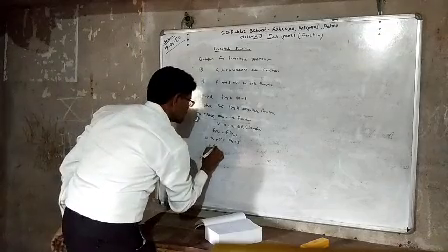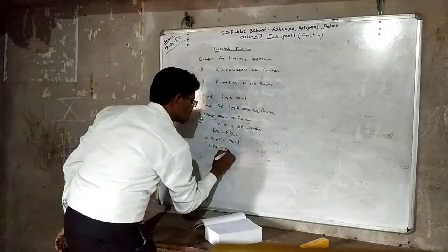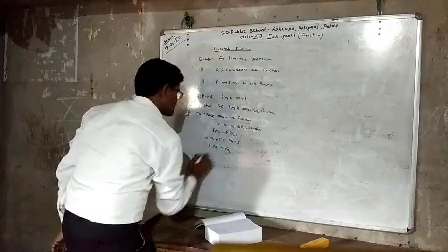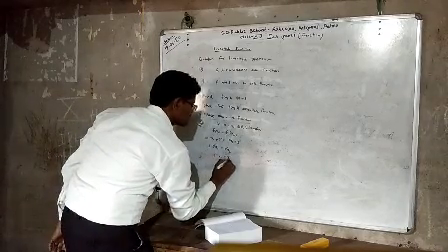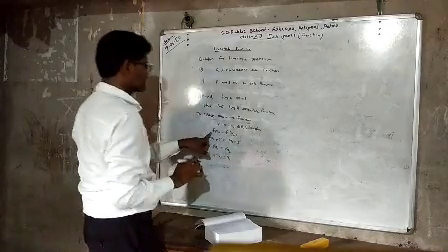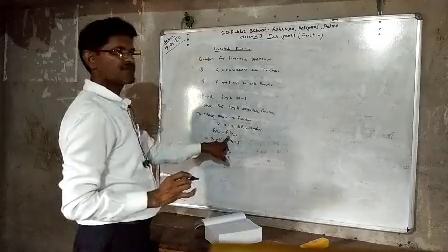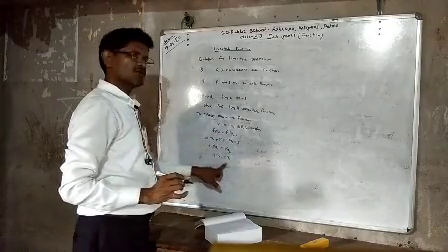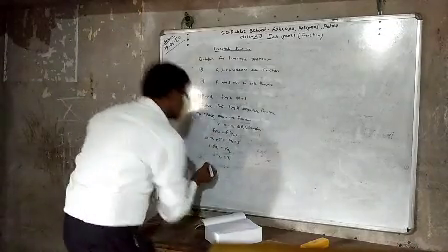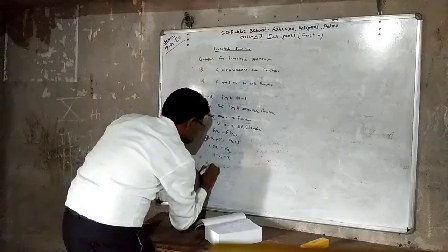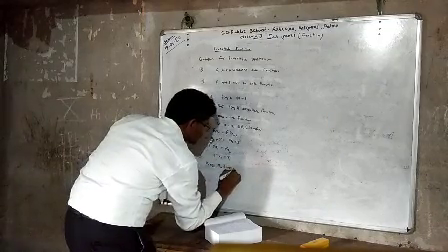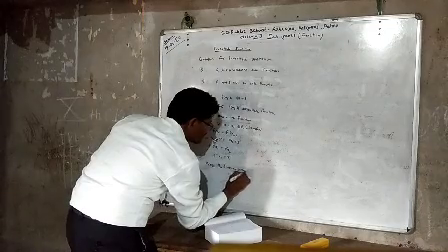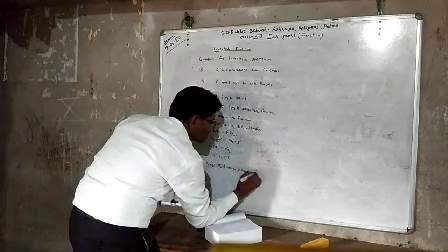This implies 4x1 = 4x2. The 4 and 4 also cancel. This implies x1 = x2. We find that when f(x1) = f(x2), then x1 = x2. Hence, the function is one-one.